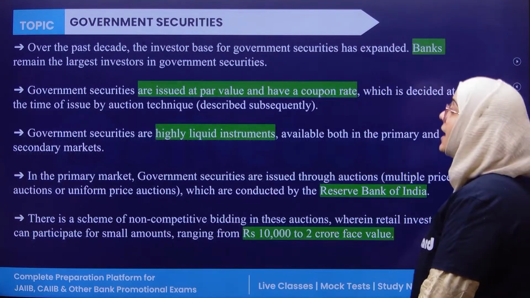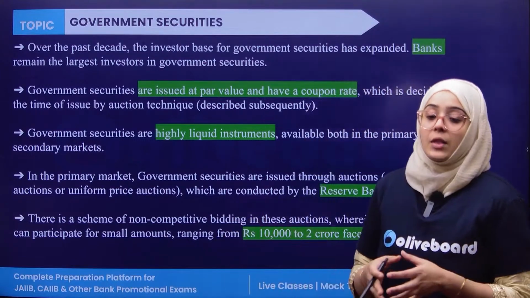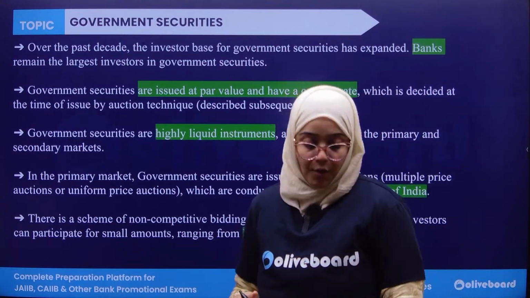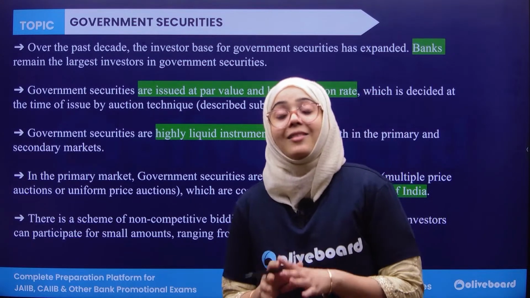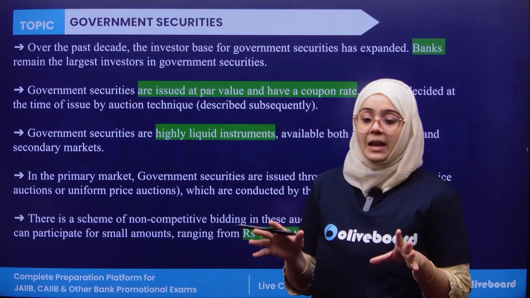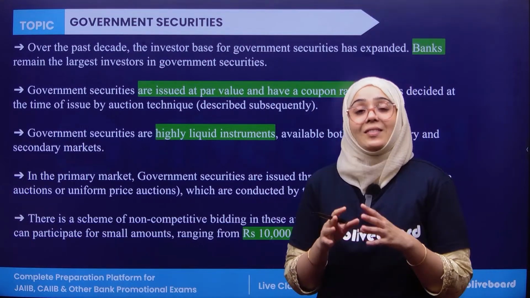Next, over the last 10 years, the investor base for government securities has been rising. Why is this rising? Because it is a very important source of income, and a very safe income.